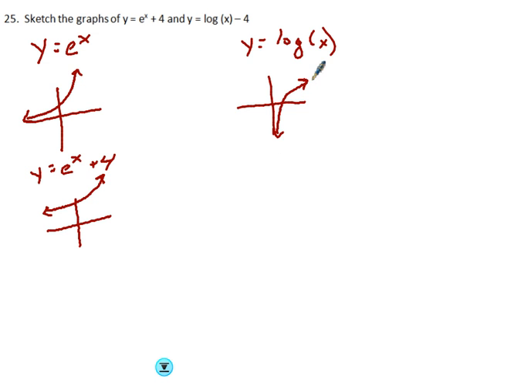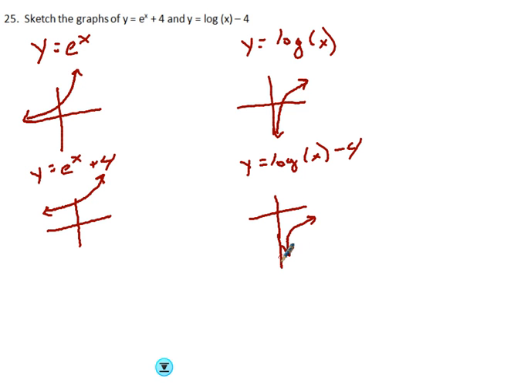It's never going to cross the y-axis, so you can only have positive x values. So if that's your parent function, y equals log of x minus 4 is going to be the exact same graph, except this time it's shifted down 4 units. So if we shift this down 4 units, it's going to look something more like this.